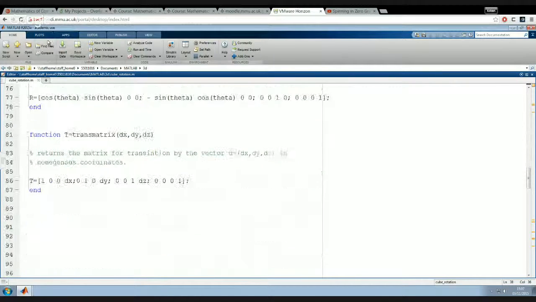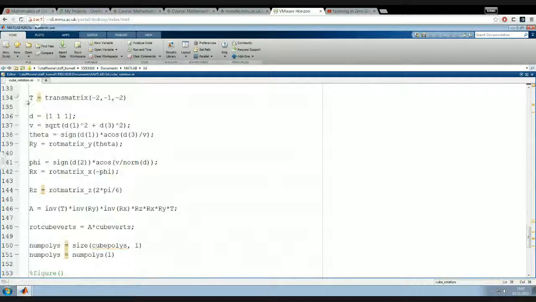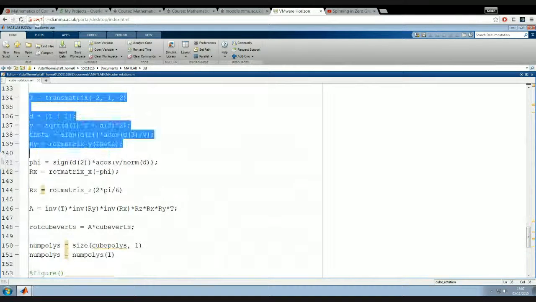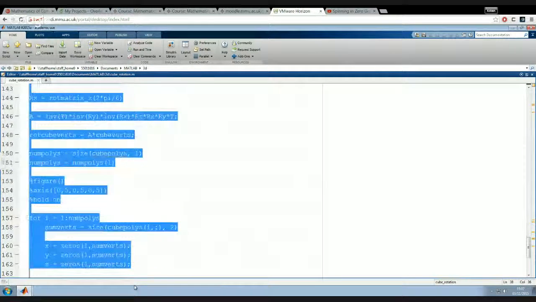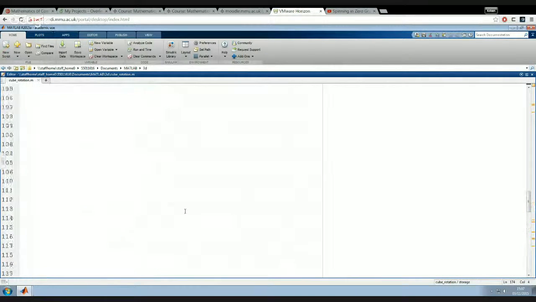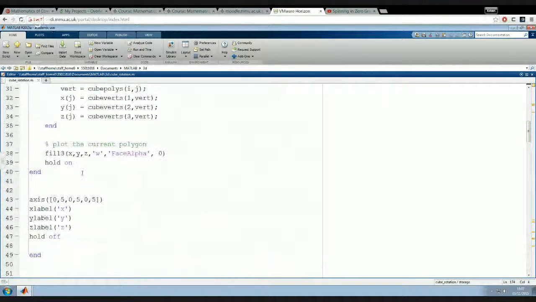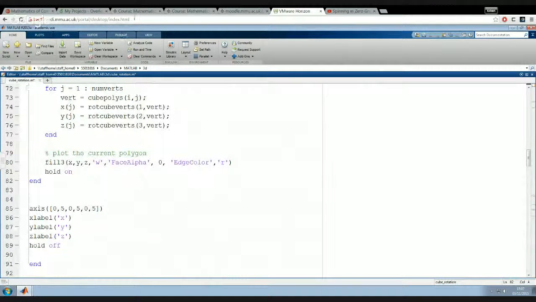So now we want to get rotating. I've hidden it down here in storage. So I'm going to take all this. Now, it can be hard sometimes to just stare at MATLAB code in a class, but I'll highlight the important aspects of it and persuade you that it is implementing what we just described with our translation rotation sequence.